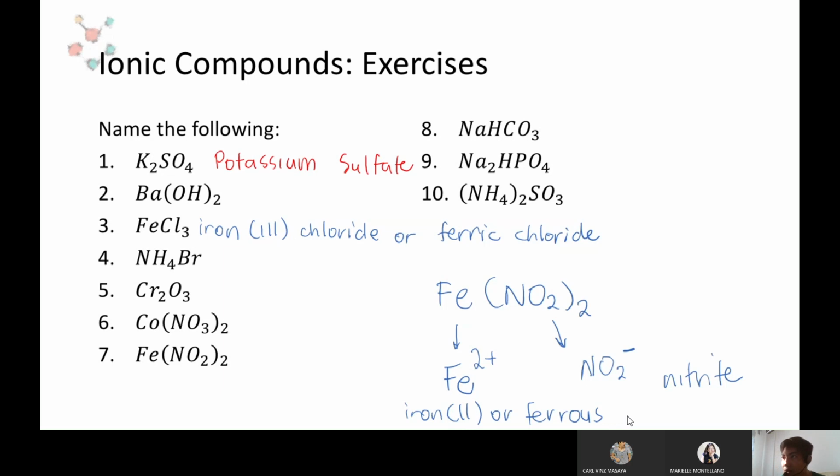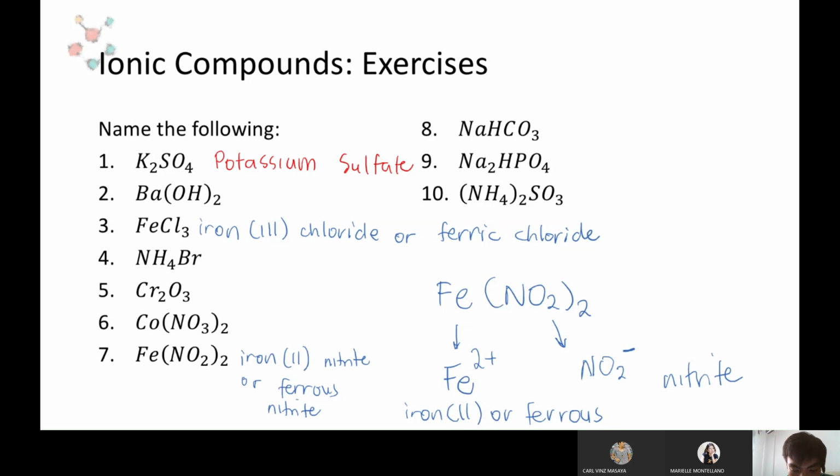So, to name this compound, ano lang gagawin natin? I-add natin yung iron 2 sa nitrite or yung ferrous sa nitrite. So, I will name number 7 as iron 2 nitrite or ferrous nitrite. No? So, ganyan.